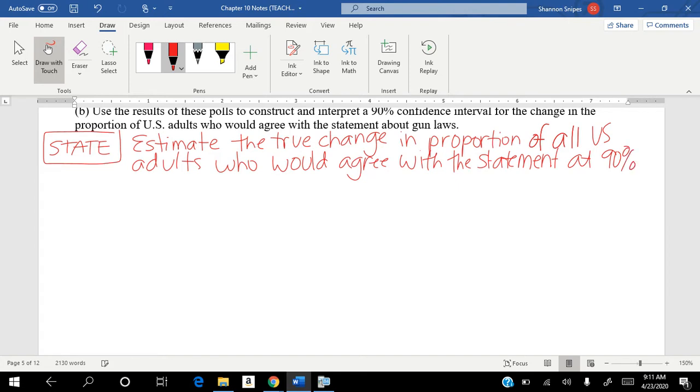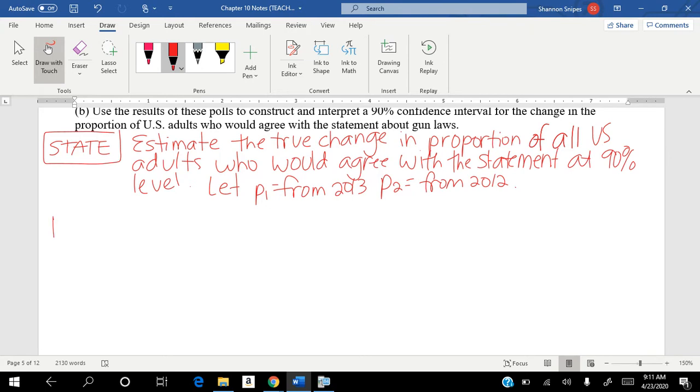And we were told to do the 90% level. So we're going to let p1 be from 2013. We're going to let p2 be from 2012.